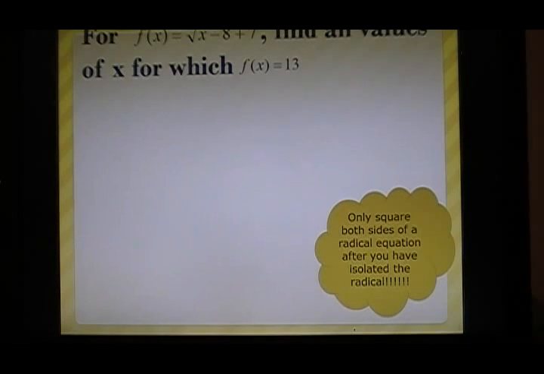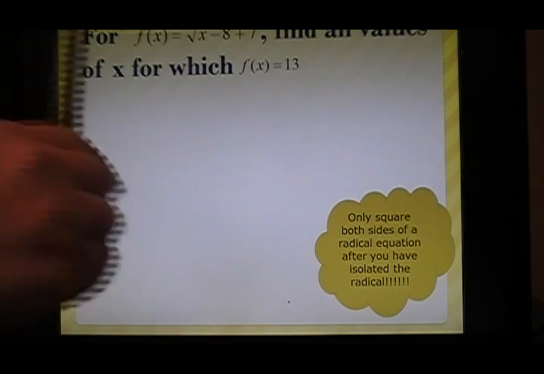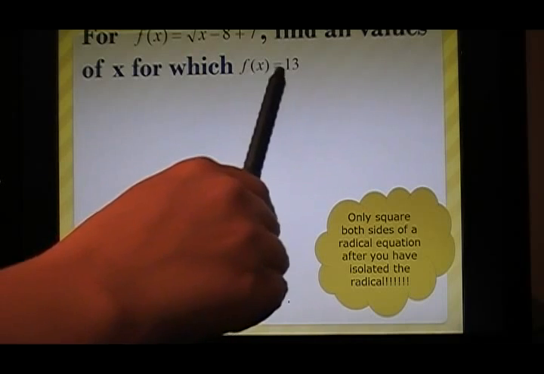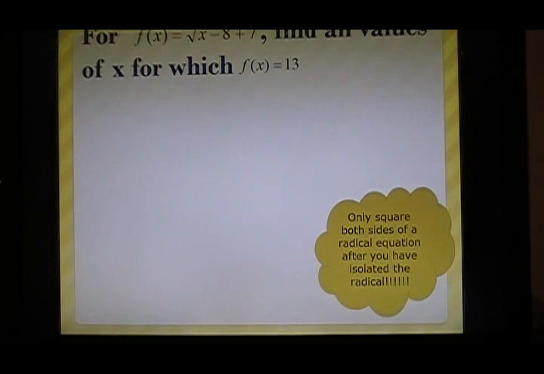For f of x equals the square root of x minus 8 plus 7, find all values of x for which f of x is equal to 13. So to solve this equation, we want to find values for which f of x equals 13. We are going to take our 13 and substitute it in for f of x.